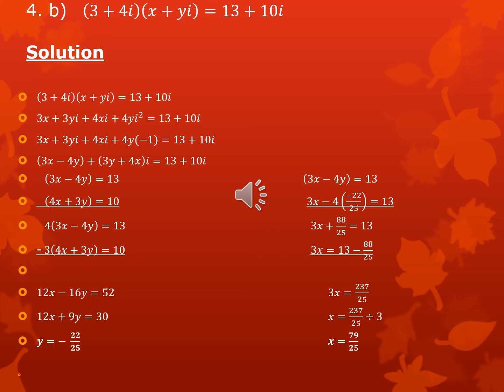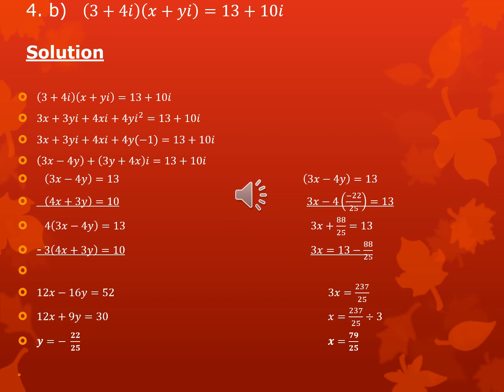We will use the elimination method, and for that we need to multiply the first equation by 4 and the second equation by 3. Now simplifying these equations, we get 12x minus 16y is equal to 52.